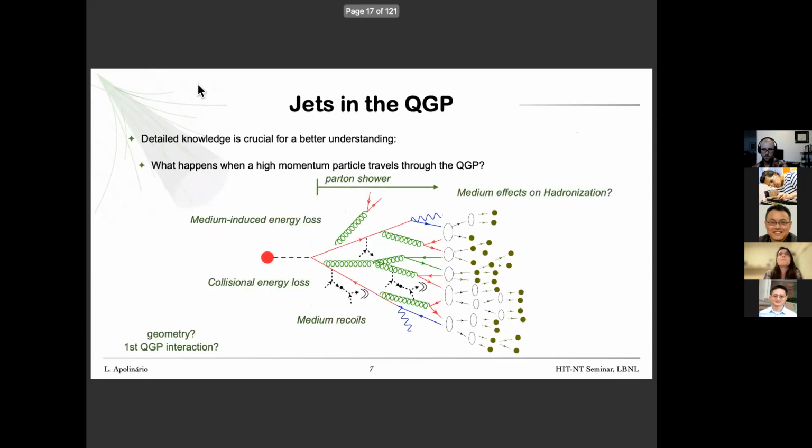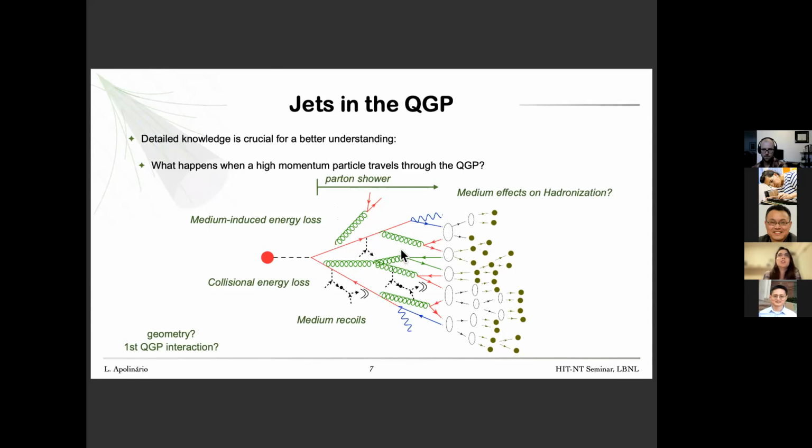So when looking now at the whole collection of effects that the jet can undergo when traveling through the medium, we see that there are a lot of effects playing a role here. On top of the parton shower, we have additional medium-induced radiation.